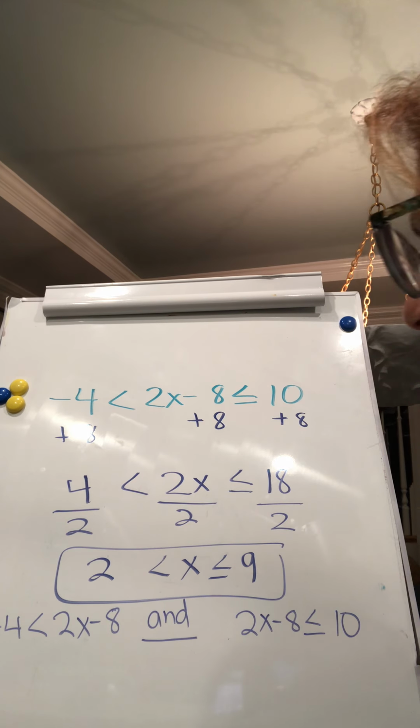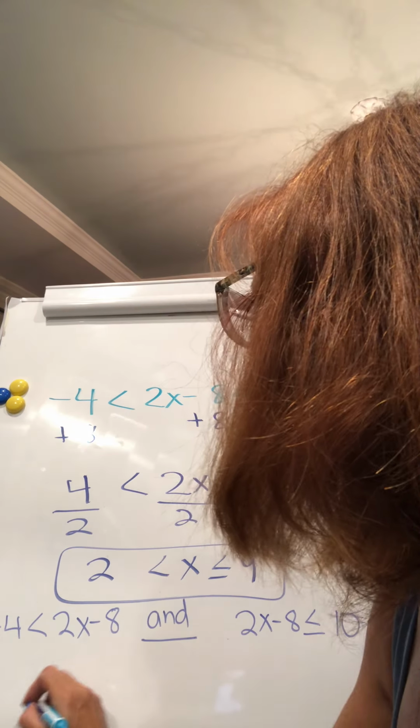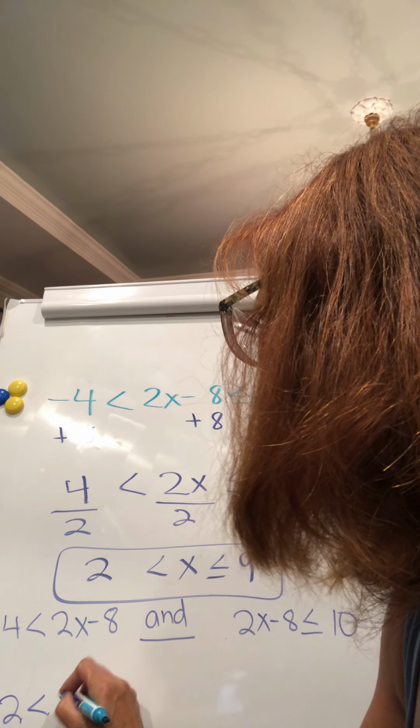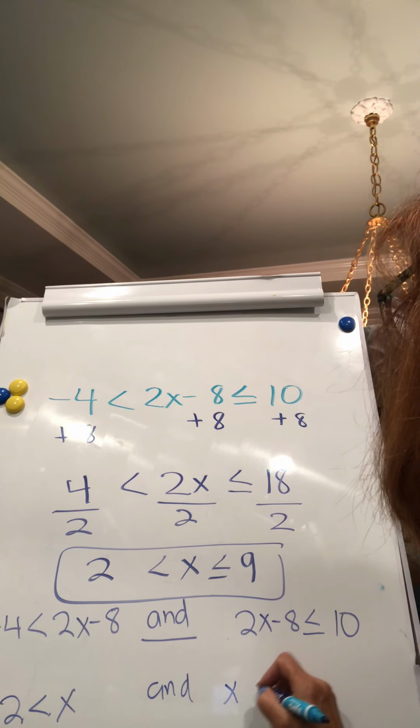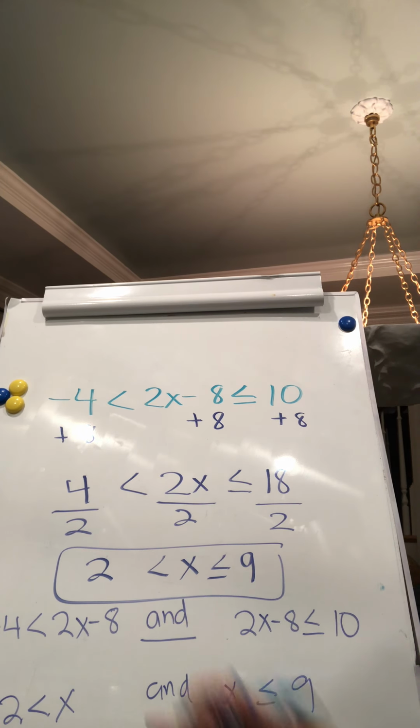Again, if I solve the split-up problem, I would get 2 is less than x, and x is less than or equal to 9. So I would get the same answer. I want to show you though what it looks like on a number line.